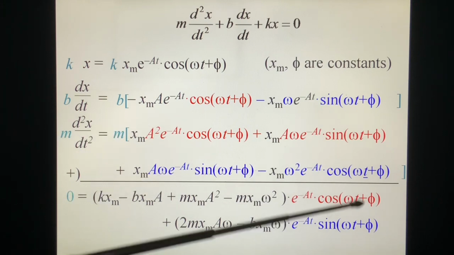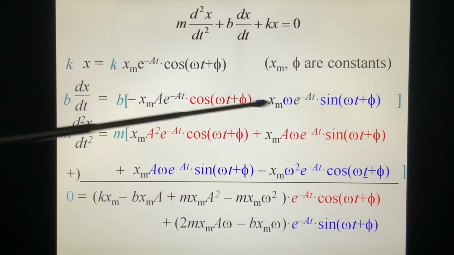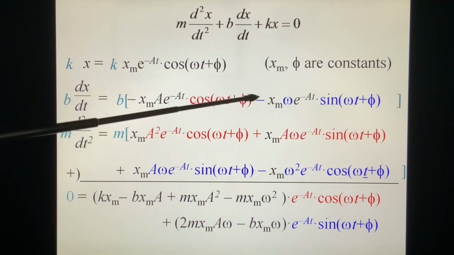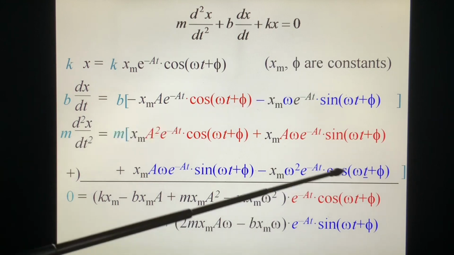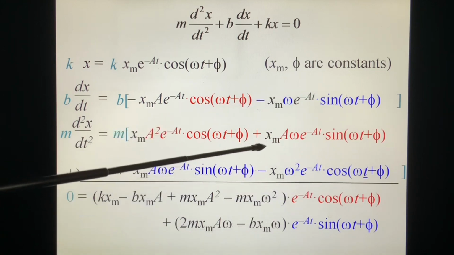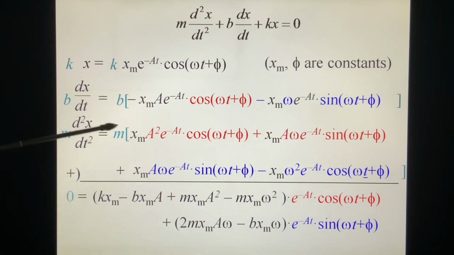For the sine term, you have minus b x_m omega, and another sine term, m x_m a omega times two, that is 2m a x_m omega.